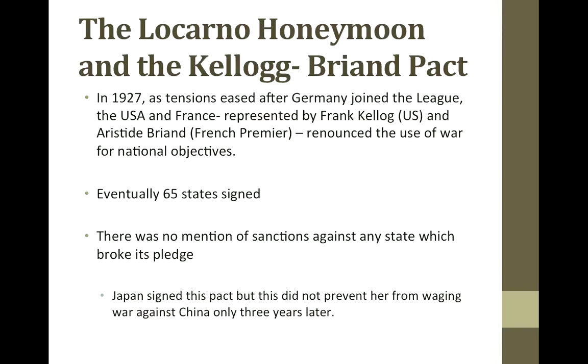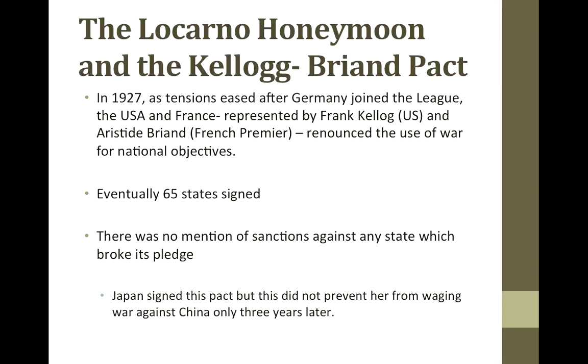So this Locarno honeymoon, the Kellogg-Briand Pact in 1927, as tensions eased after Germany joined the League. The USA and France, all right, one was represented by a former U.S. senator who was for the League of Nations and the Treaty of Versailles, Frank Kellogg, and Aristide Briand, who was the French premier.